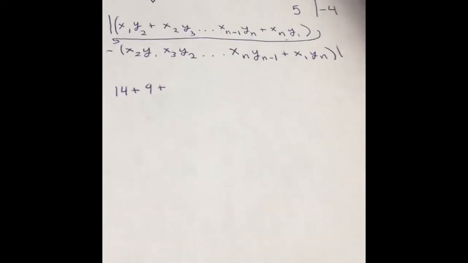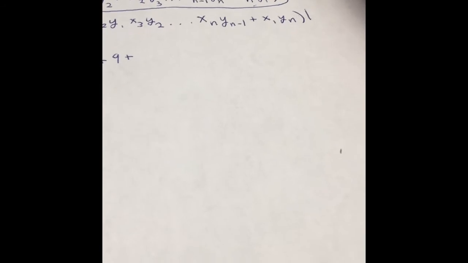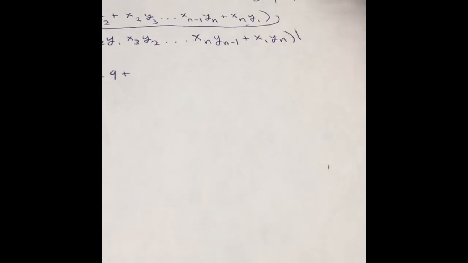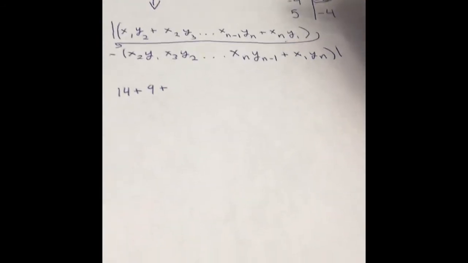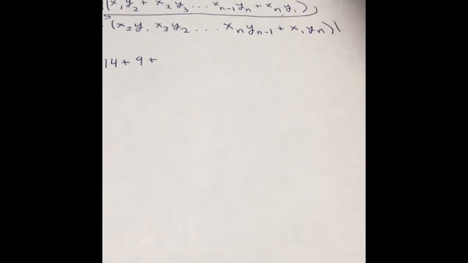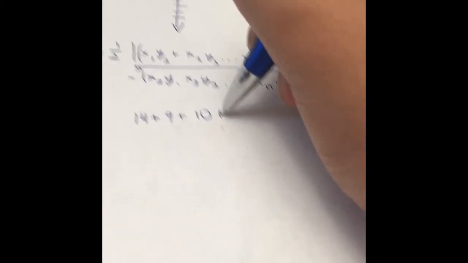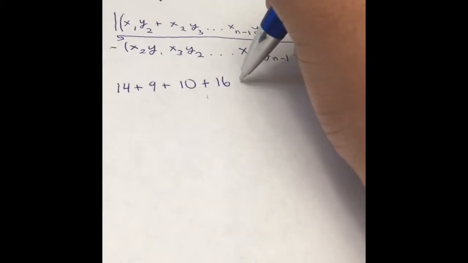And then we add that to -5 times -2. Following the same principle, we take the -4 times the -4. That would be plus 10 from negative 5 times negative 2, and plus 16 from negative 4 times negative 4.